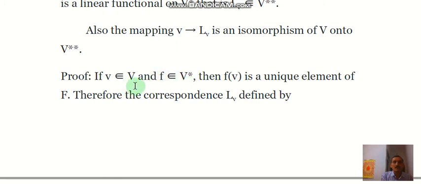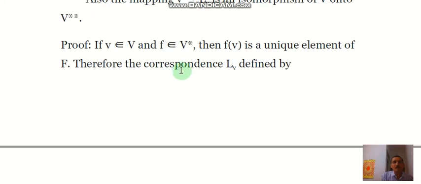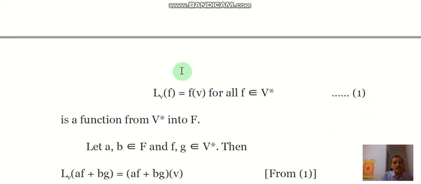Therefore the correspondence L_v defined by L_v(f) equal to f(v) for all f belongs to V* is a function from V* into F. So this is the definition of L_v. Here v is fixed; v is a fixed element of the vector space V.